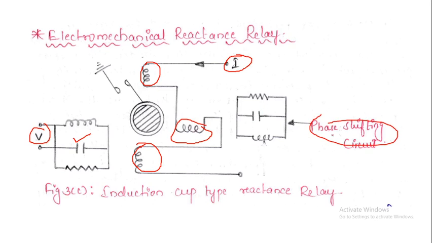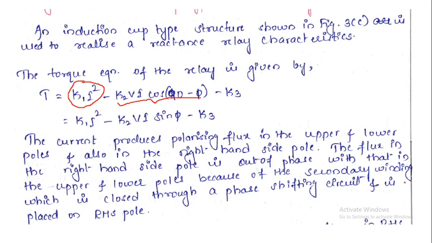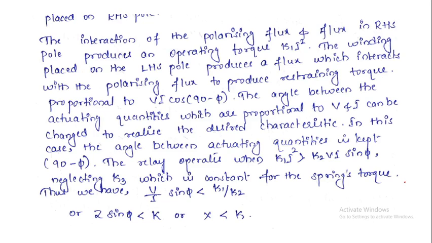So because of the presence of this, the flux produced by this will be out of phase as compared to the upper and lower fluxes.